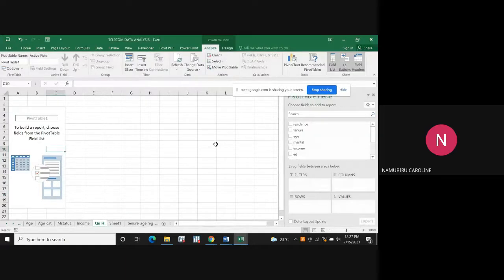Now we are analyzing two variables, gender and customer category. This is just for purposes of your presentation. They normally emphasize that for better presentation, you may not use this because it's not a hard and fast rule.